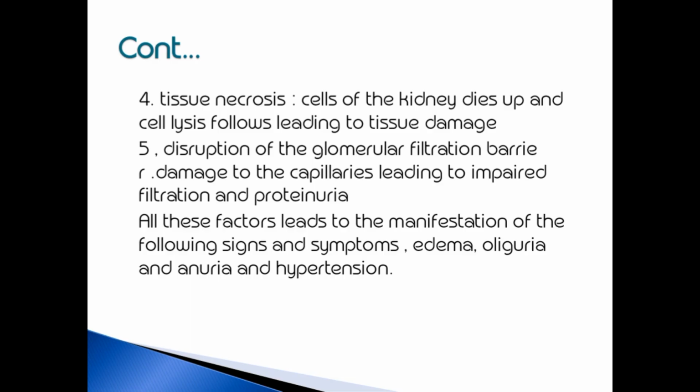Then disruption of the glomerular filtration barrier, damage to the capillaries, leading to impaired filtration and proteinuria. So those kidney glomerulus capillaries that are forming the glomerulus, you find that there will also be damage there. And then if that happens, you're going to find that there will be impaired filtration.